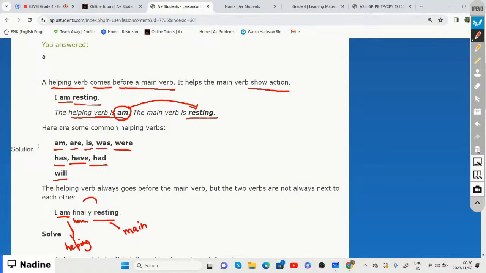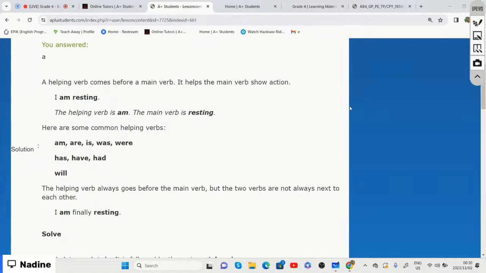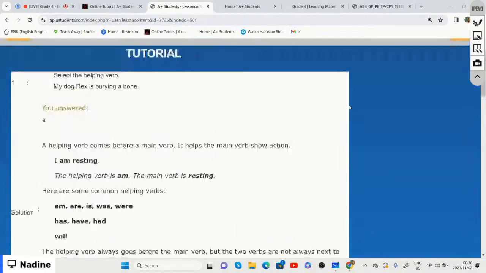All right. So now we're going to do an activity. We are going to select the helping verb within the sentence. If you look at the sentence that says, "My dog Rex is burying a bone."